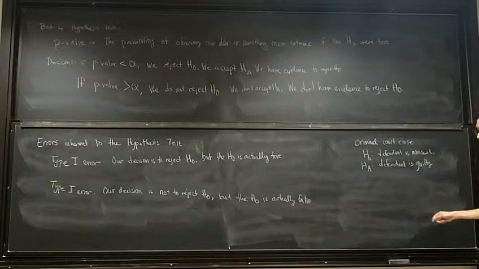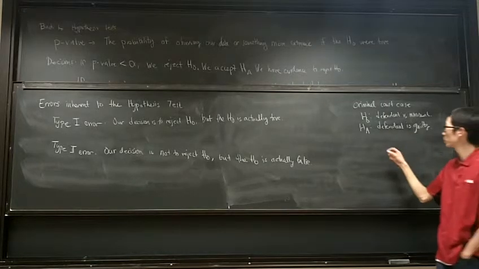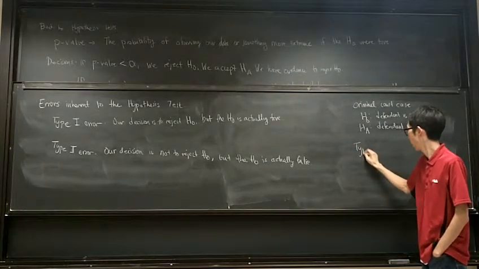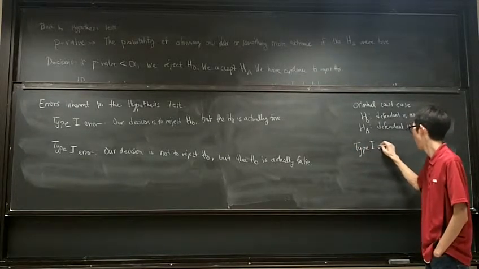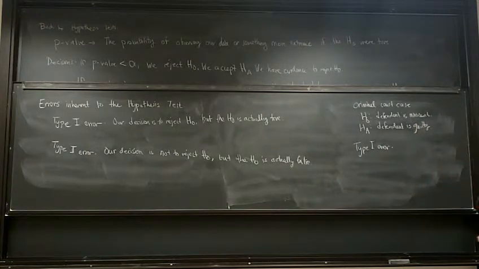So what is a type 1 error in the context of a criminal court case? Sending an innocent man to jail. A type 1 error is convicting an innocent person.